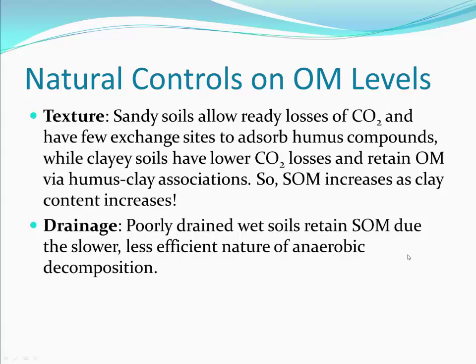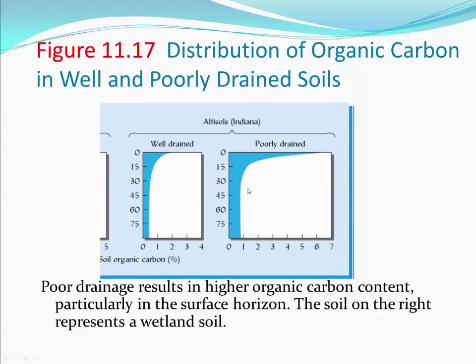Poorly drained wet soils retain soil organic matter relative to drier soils because anaerobic decomposition is less efficient than aerobic decomposition. So soils that are well drained have a lot of oxygen in them, and so we get aerobic decomposition, and it fairly well leaves us with a smaller soil organic carbon percentage.